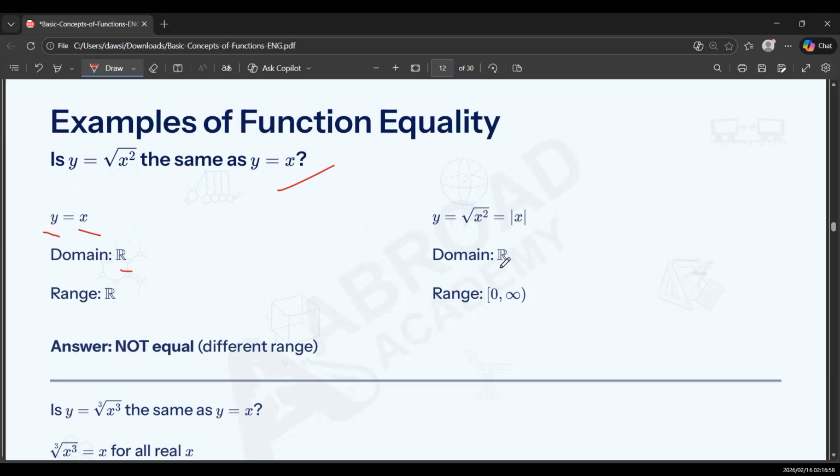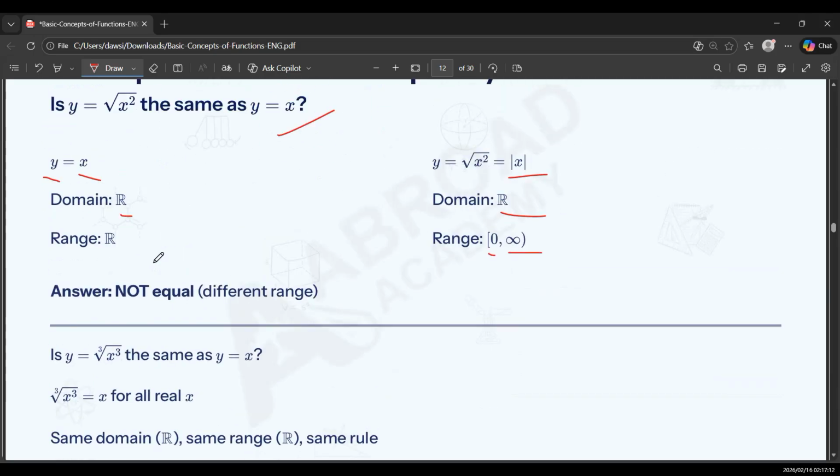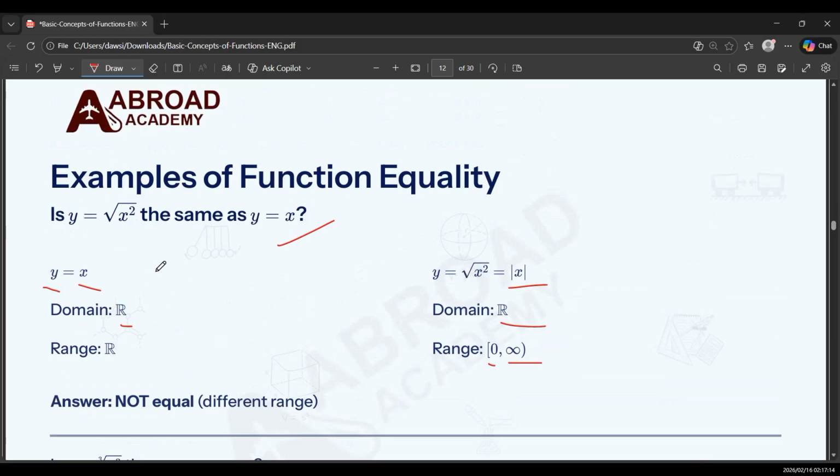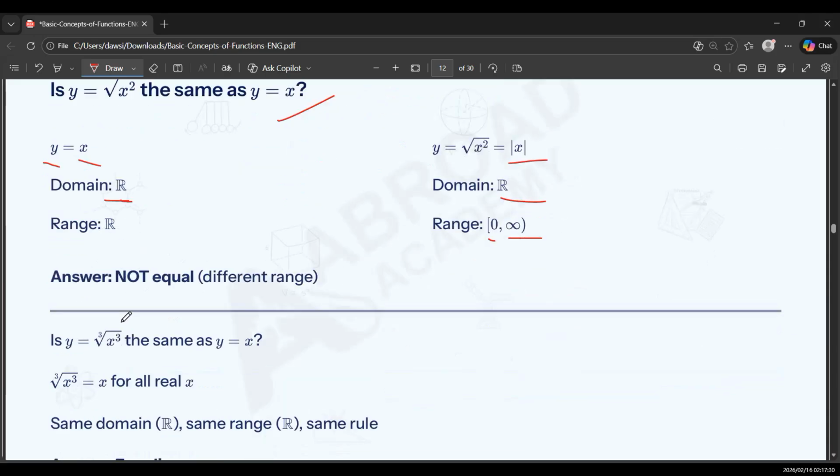For the square root of x squared, the domain is R, and the range is 0 to infinity, because it is the absolute value of x. Are these equal functions? I think it's not equal, right? The domains are equal, but the range is not the same.